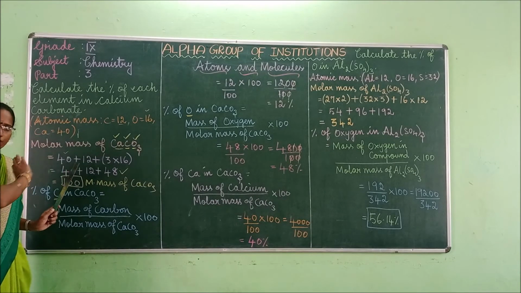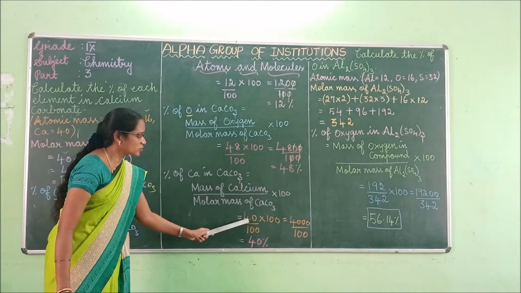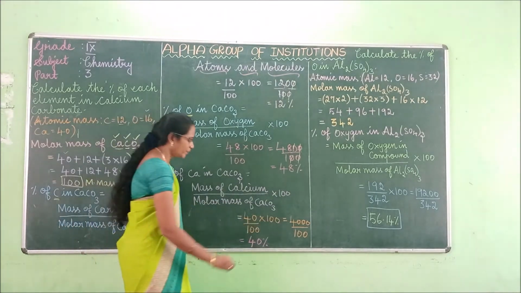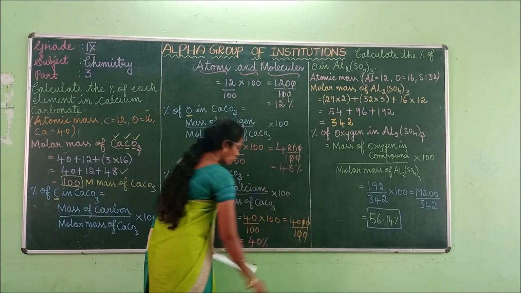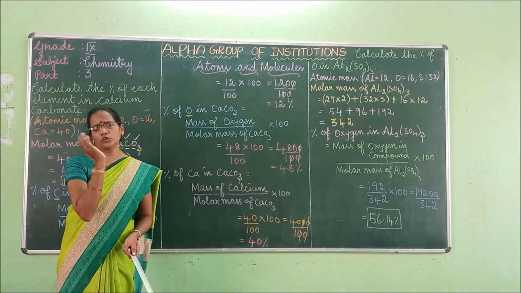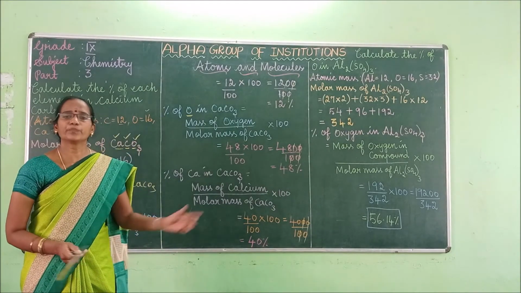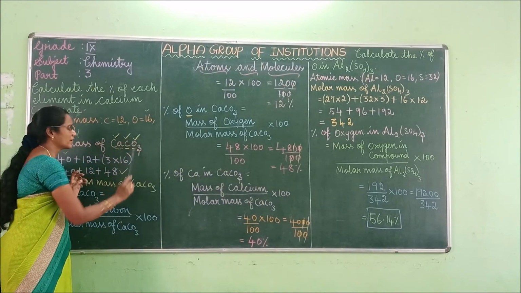It's a common thing for all. By 100 into percentage. So 40 into 100 will give 4000, isn't it? So cancel these zeros. What you are getting? 40%. Separately you have to find out the percentage for each element. What are the elements present here?